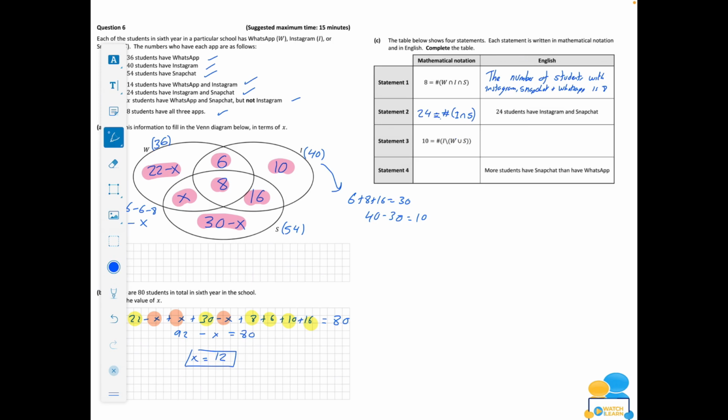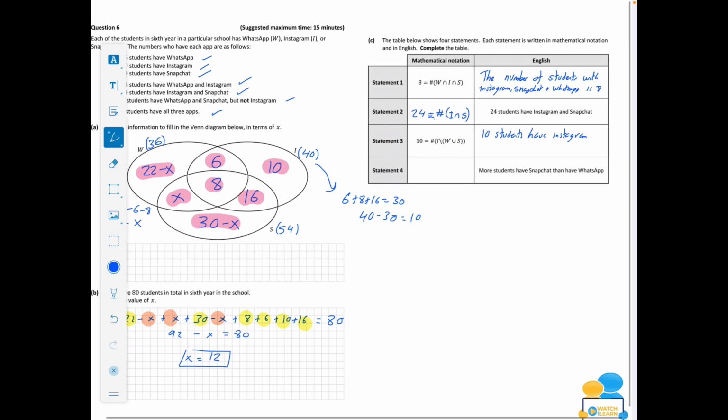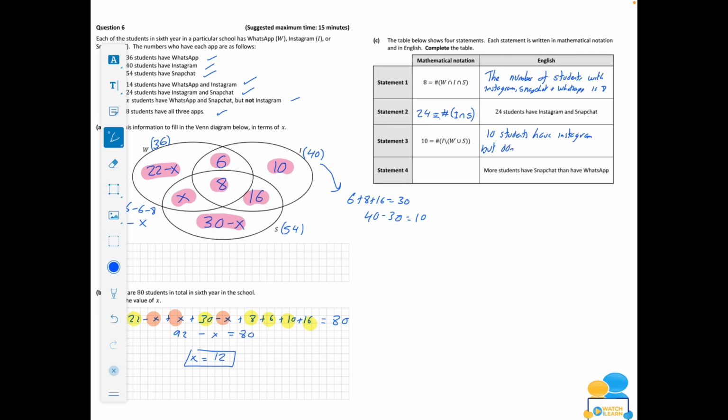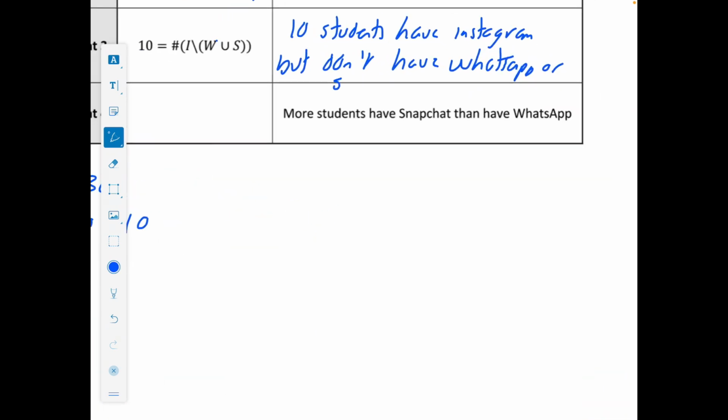Then statement 3, we're back to our maths language. 10 is the cardinal number of Instagram without WhatsApp and Snapchat. Okay, so 10 students have Instagram but don't have WhatsApp or Snapchat.